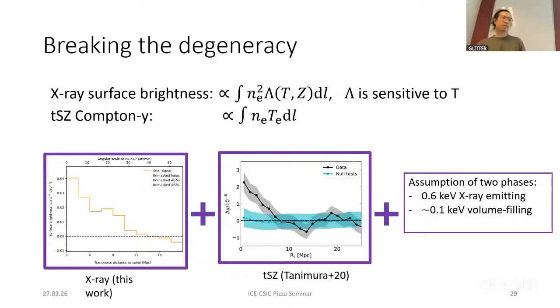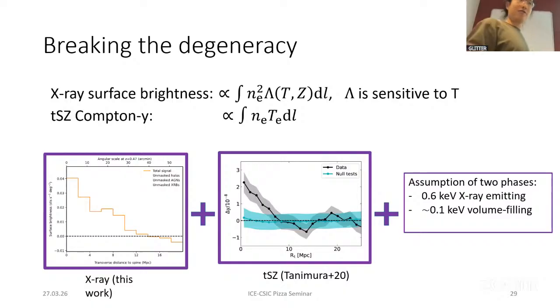They stacked the Planck tSZ, and because tSZ and X-ray share different information, we can combine X-ray plus tSZ to disentangle some parameters. On the left is our work, on the right is the Tanimura 20 tSZ stacking. They use the same filament catalog, so at the filament level it shares similar properties.